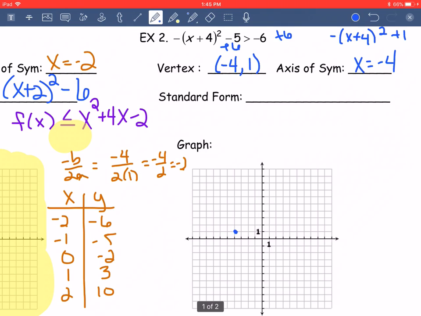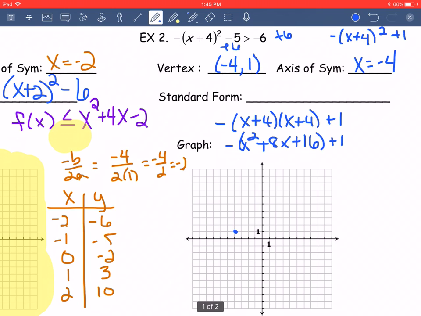To get standard form, I'm going to FOIL first. So I'm really going to do negative x plus 4 times x plus 4, and then plus 1. When I FOIL all this together, I'm not going to go through all the steps, but it becomes x squared plus 8x plus 16, and then plus 1.